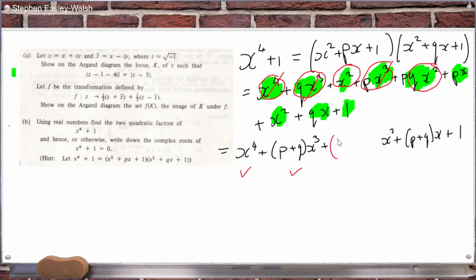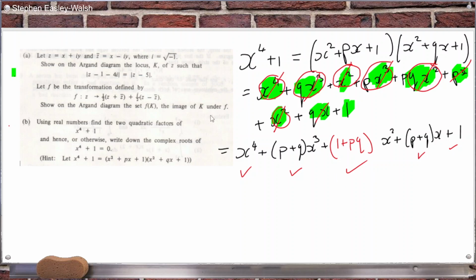So x squared plus pqx squared, plus pqx squared and the x squared there. Okay, and then qx, px, qx and px. Okay, that's okay. And then 1.